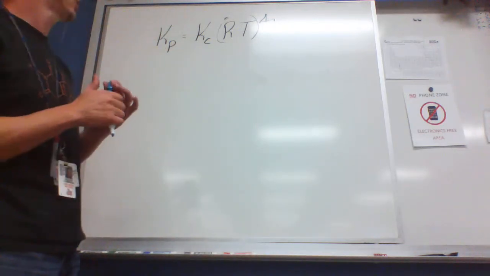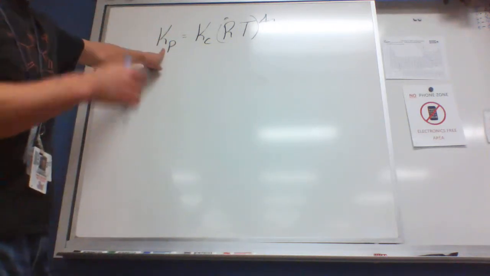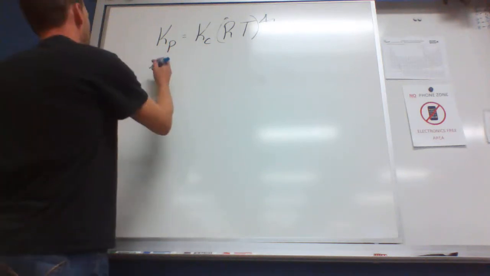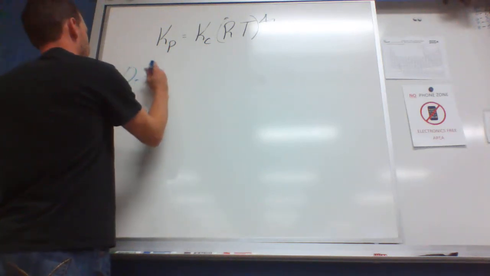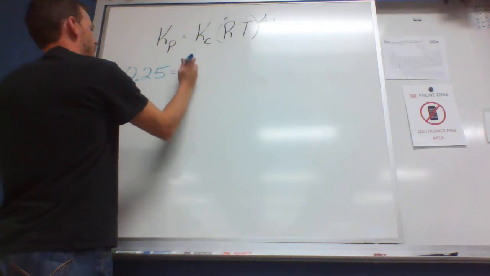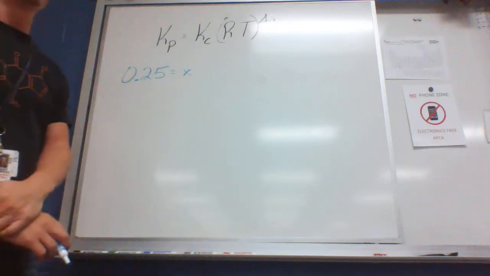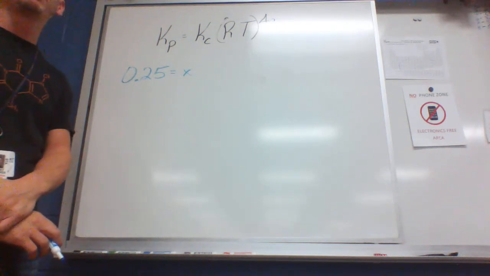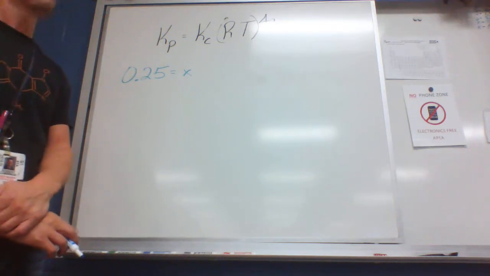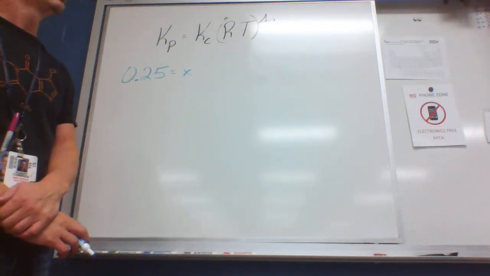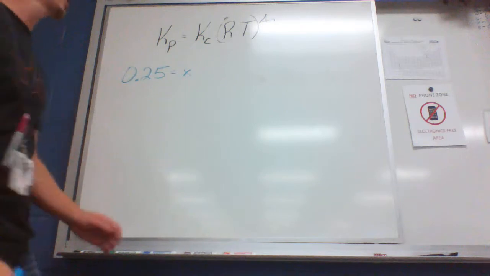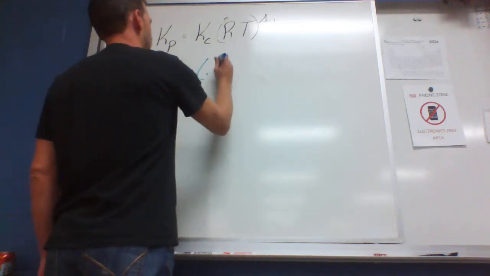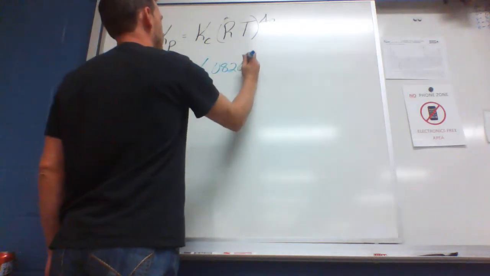So let's take it slowly. It does give you your pressure constant here of 0.25. And it wants you to find the constant of the non-pressure equilibrium. Our R value is constant at 0.08206.